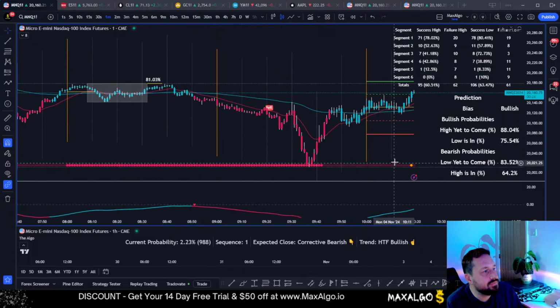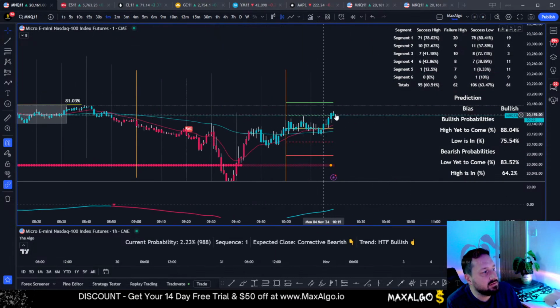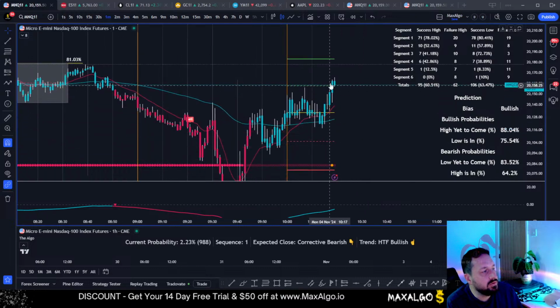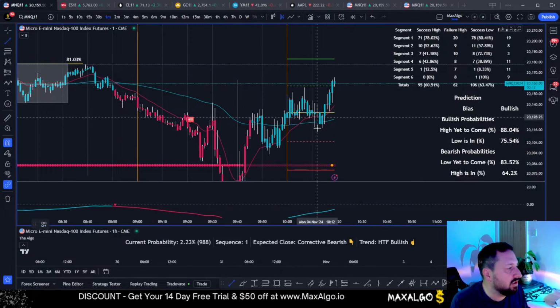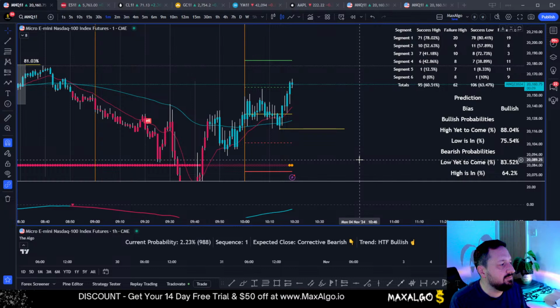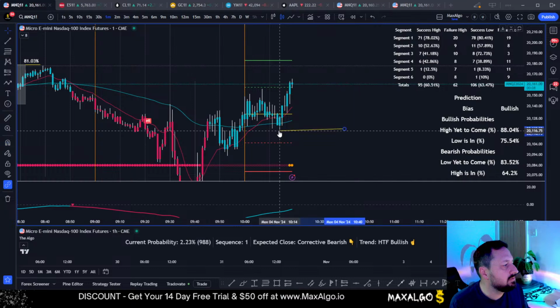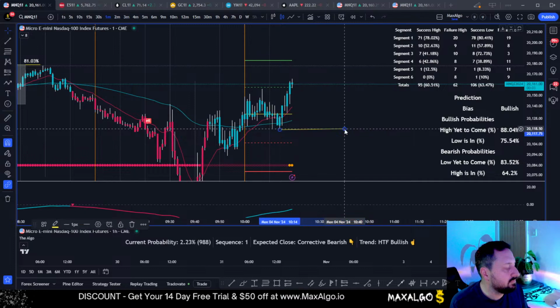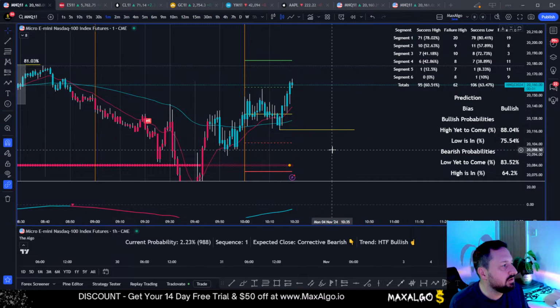Okay. So we take the high. We flip bullish on candle structure, obviously. We're bullish. And now we've got a 75% probability that this is our low. We've already returned to the open.